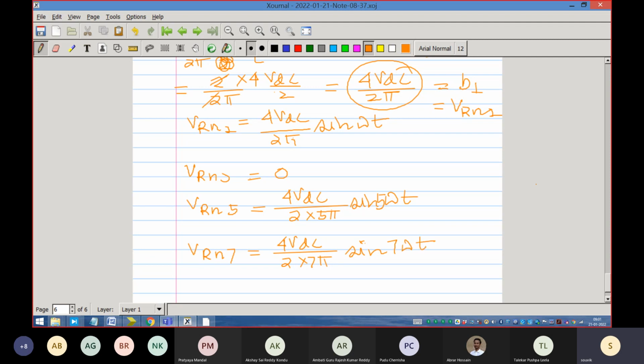And the phase sequence will be maintained here, and there is no change in that, right?